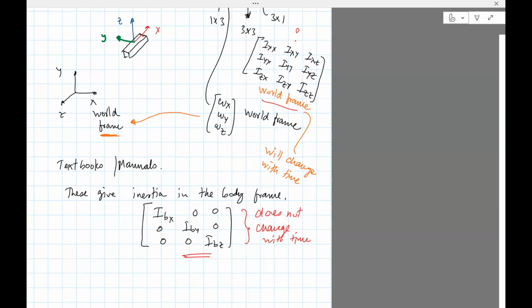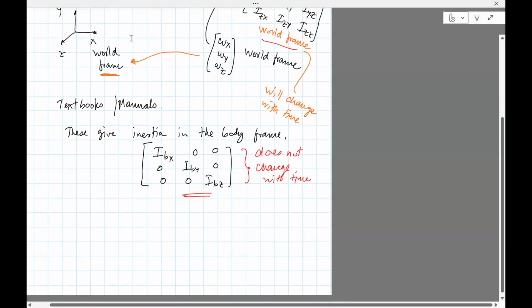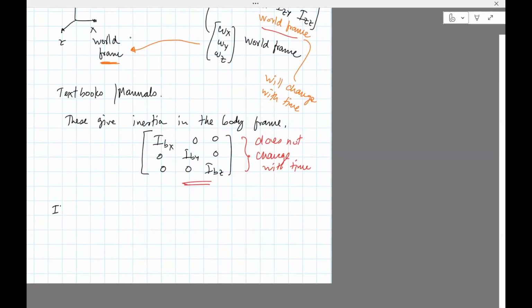So what we can do here is, it can actually be shown that omega transpose I omega, which is basically the rotational energy associated with turning, is the same no matter what coordinate frame you use. So you could just do this in body frame.